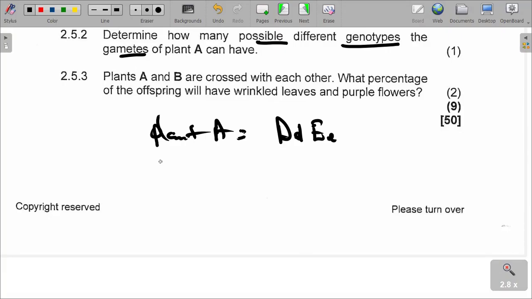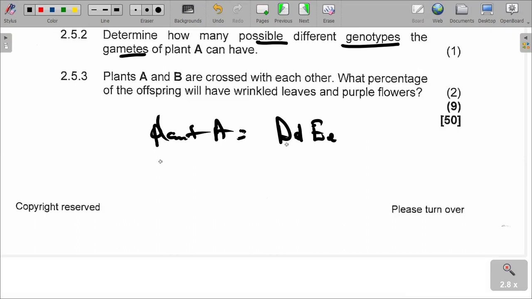We are saying the genes are linked and we assume no crossing over. Plant A can only produce what? Two gamete genotypes.